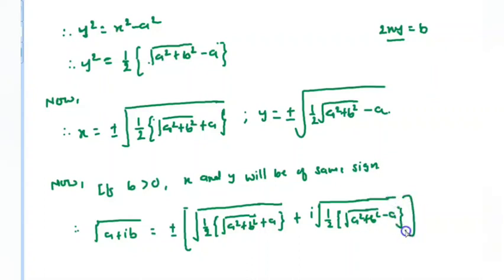Clear? This is the first case when b is greater than 0. Now if b is less than 0, it means x and y will have opposite signs. Yes or no?